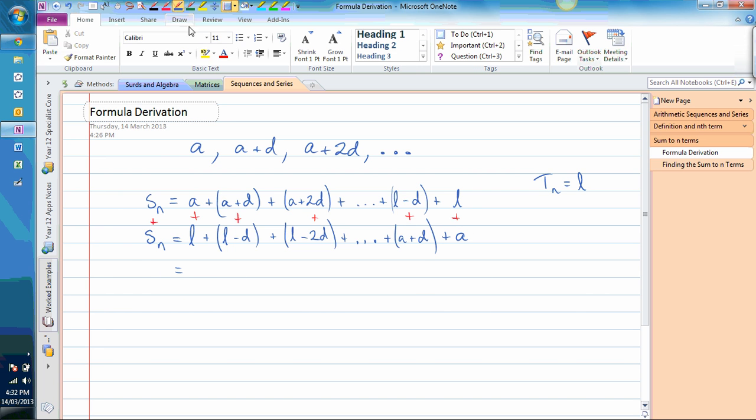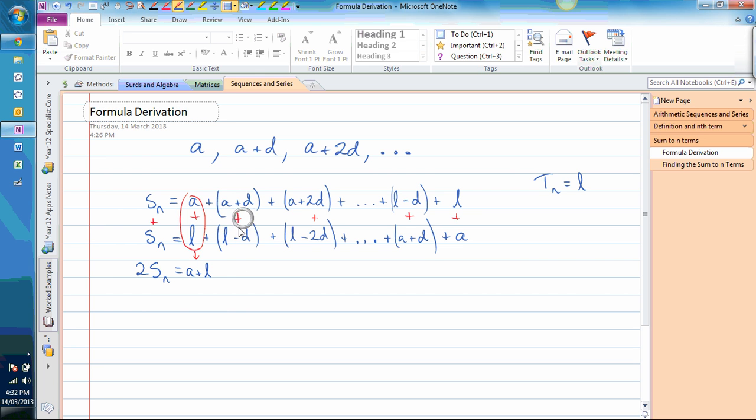This is going to be quite a neat little expression. Sum to n terms plus the sum to n terms is 2 lots of Sn. Here I'm going to have A plus L.